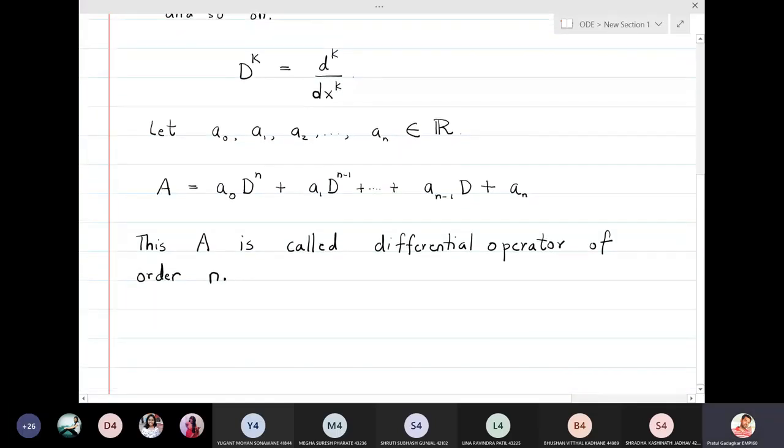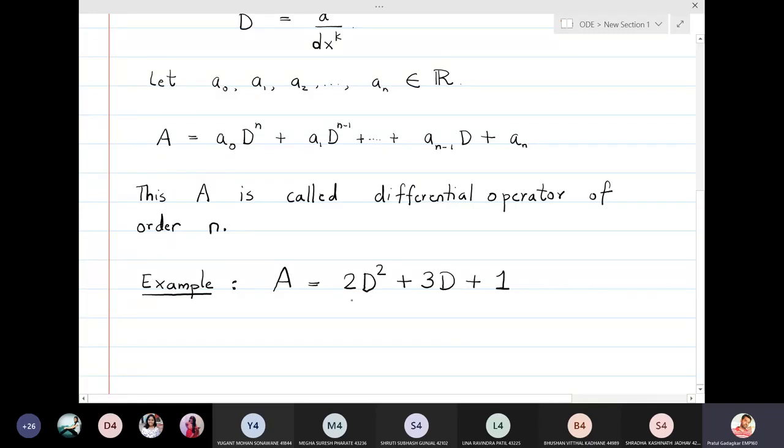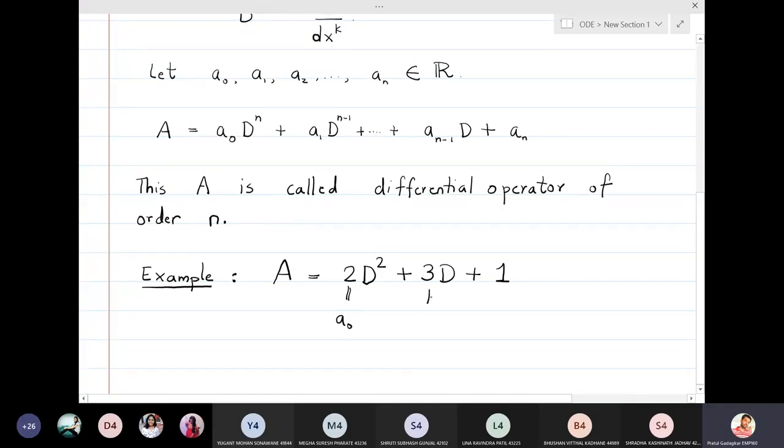So let us take one simple example to understand what this is. I will write A equal to 2D square plus 3D plus 1. Here 2 is like a naught, 3 is your a1 and 1 is your a2.